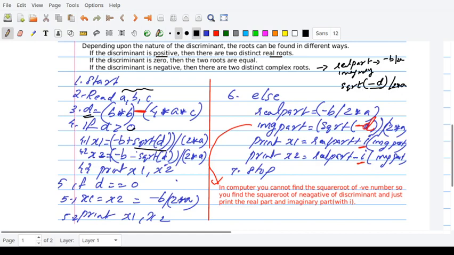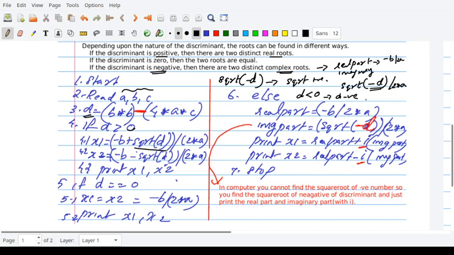This is because you will not be able to find the square root of a negative number. We already know that when the discriminant is negative, you have complex roots. So here the value of d is less than 0, that means d is negative. So when I write square root of minus d, you are actually finding the square root of a positive number, right?